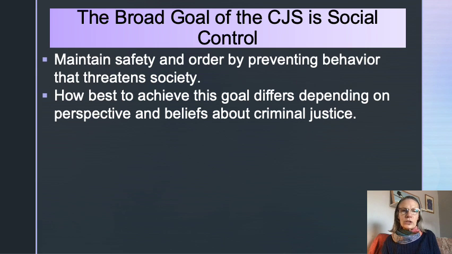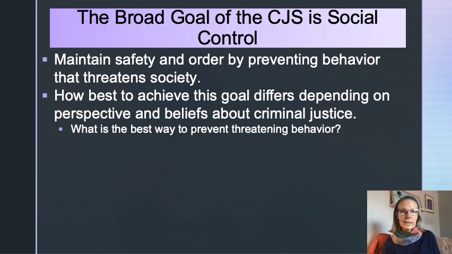And how best to achieve this goal differs depending on the criminal justice perspective and the beliefs that people have about criminal justice in general. And so when you read these different perspectives, they disagree on what is the best way to prevent threatening behavior. One of the perspectives we're going to be learning about in this lecture is the crime control perspective.